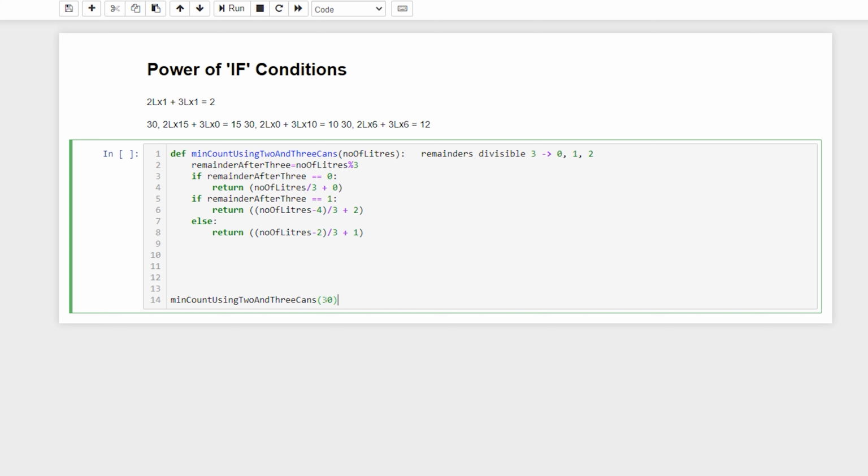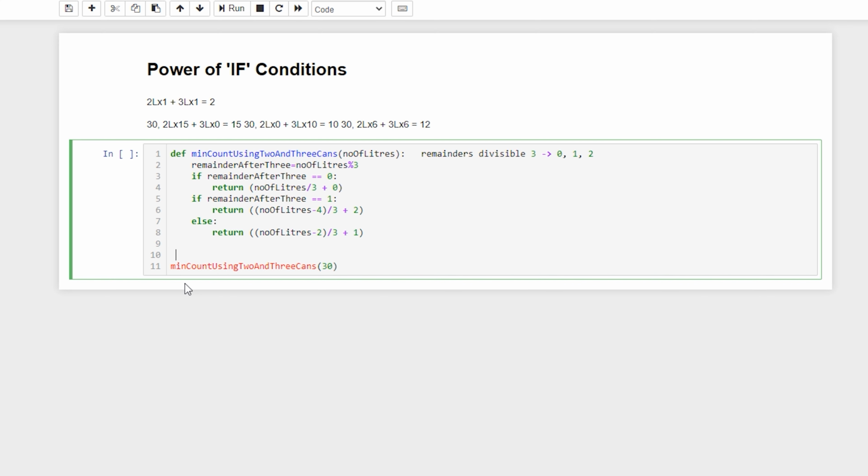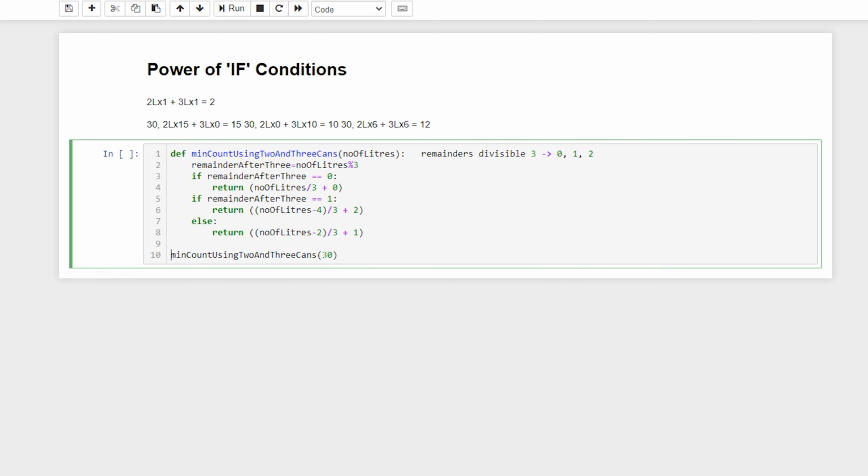Okay, so instead of giving 30 as hard coded data, why can't we take an input?